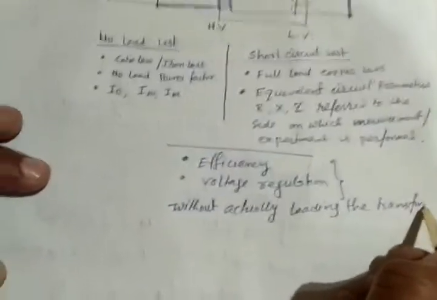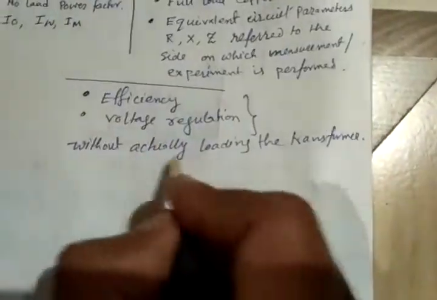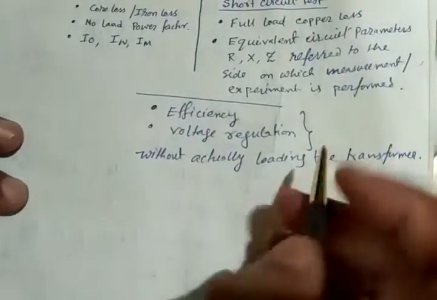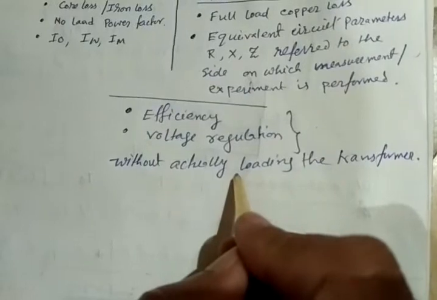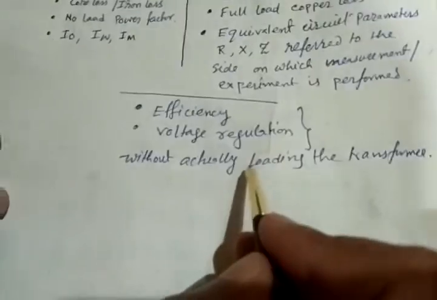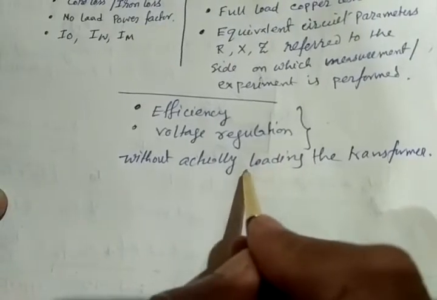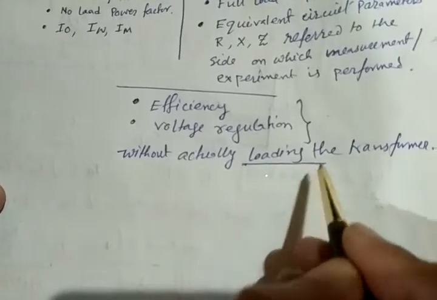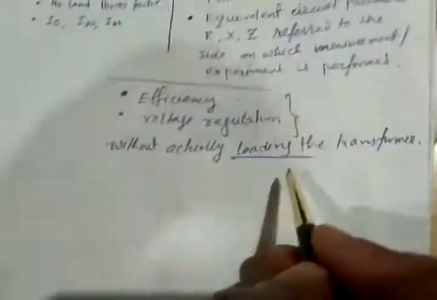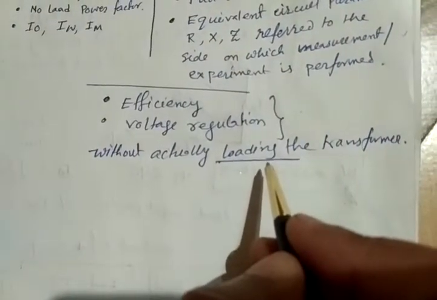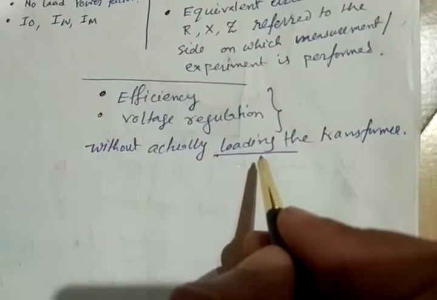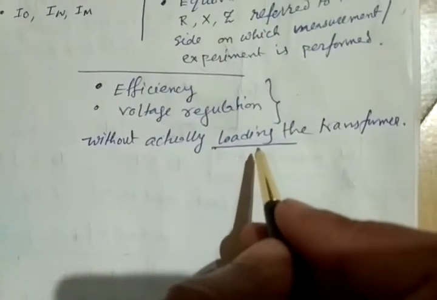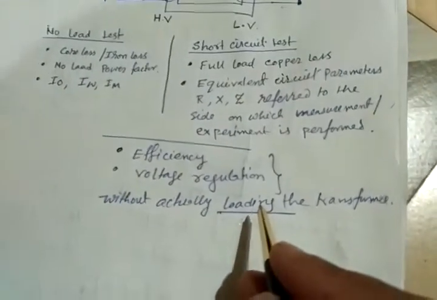Why is this important? This is important because in the case of a very highly rated large transformer, if we have to actually load it, that will take a huge amount of power, and that power will cost huge money, and at the same time that amount of load is not easily available. You cannot manage that amount of load for a transformer of MVA, megavolt ampere, capacity.